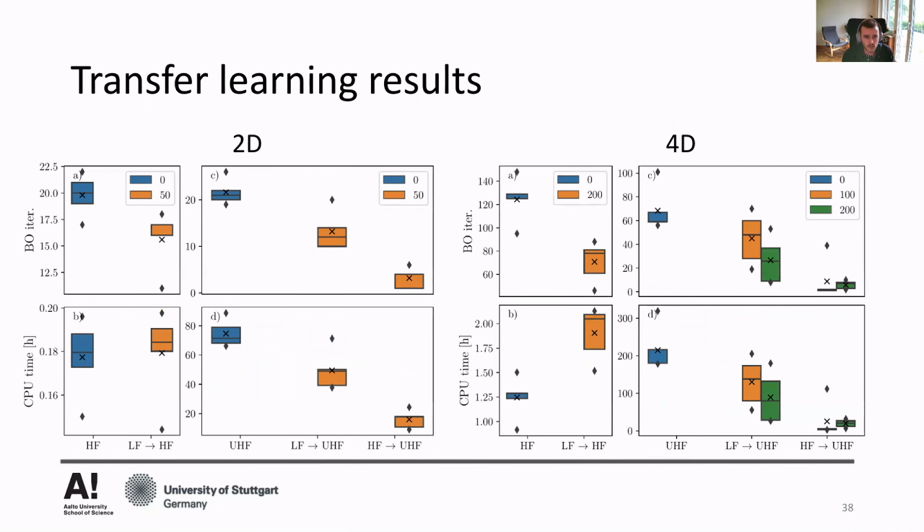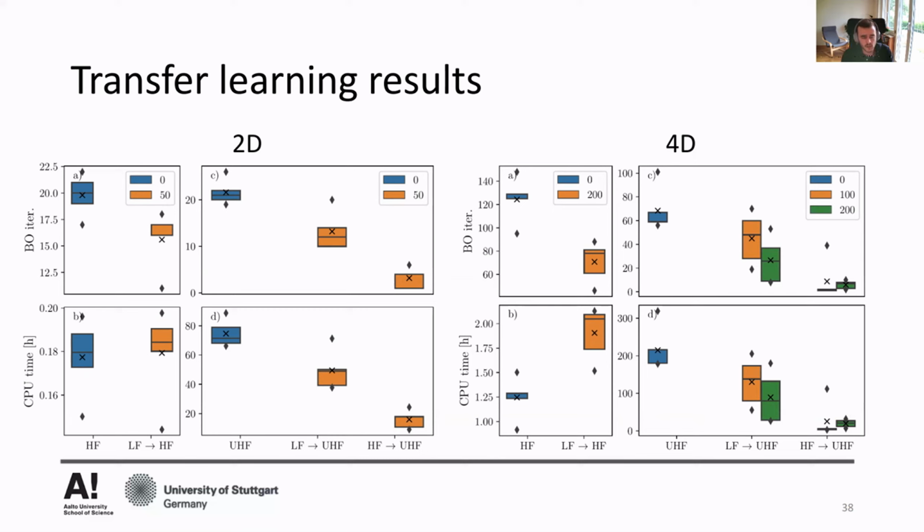So here are all the results from transfer learning summarized, both for the 2-dimensional experiments and also for the 4-dimensional experiments. In all of these experiments, the global minimum has been found. So that means we have to compare these experiments by their efficiency.